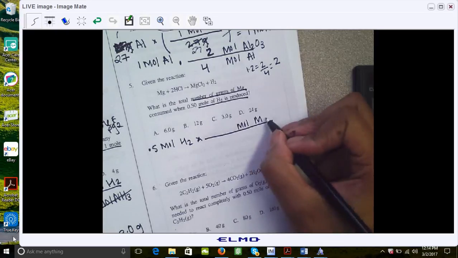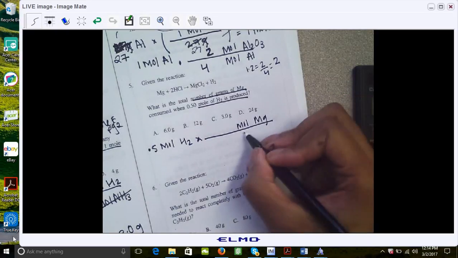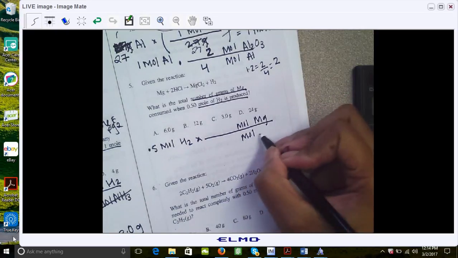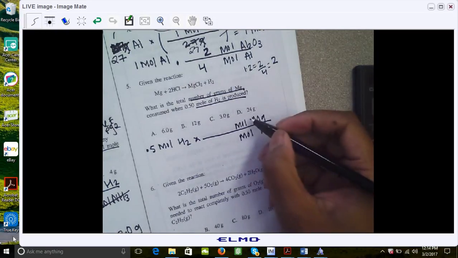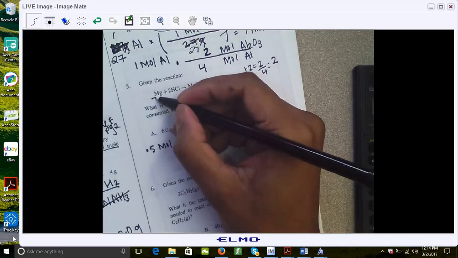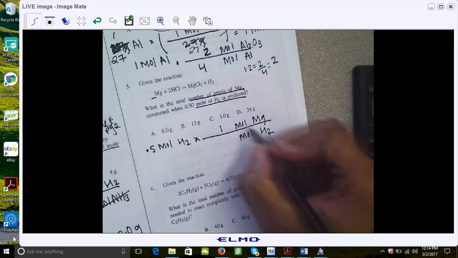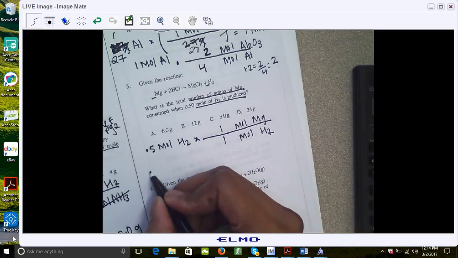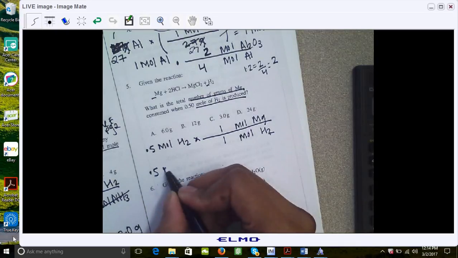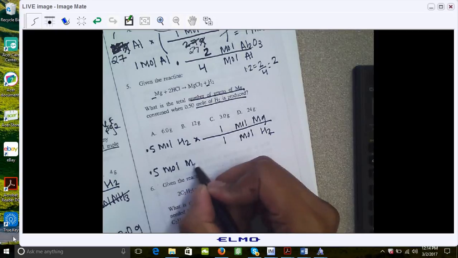So we know the moles of H2 over moles of Mg. Mg has 1 mole, and my H2 also has 1 mole. So we end up with 0.5 moles of Mg.